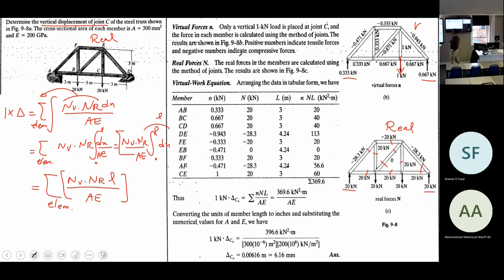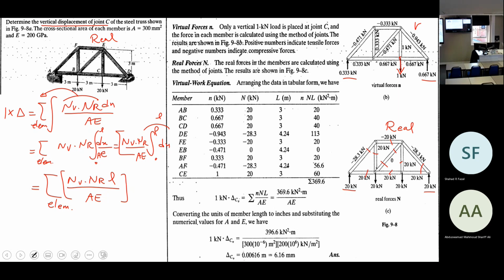How many elements do you have in general in your structure? Nine. I have 9 elements: 1, 2, 3, 4, 5, 6, 7, 8, 9. These are 9 different elements.